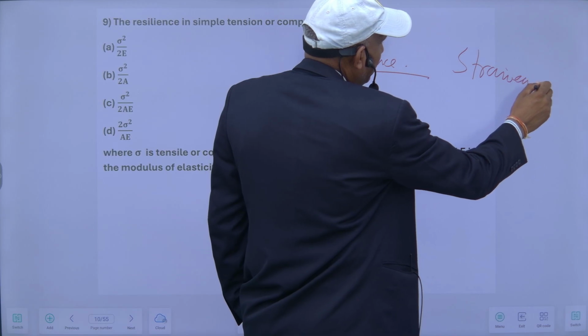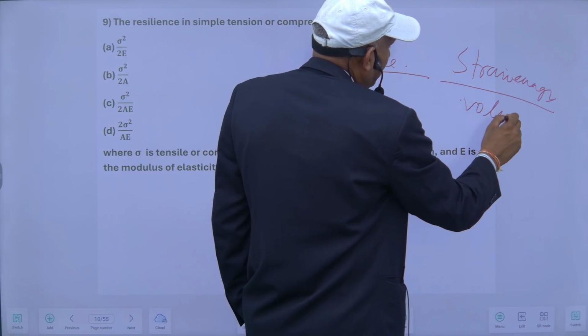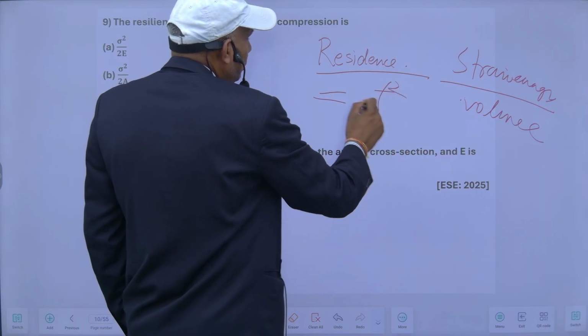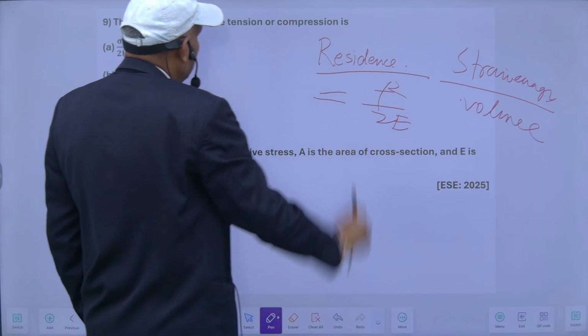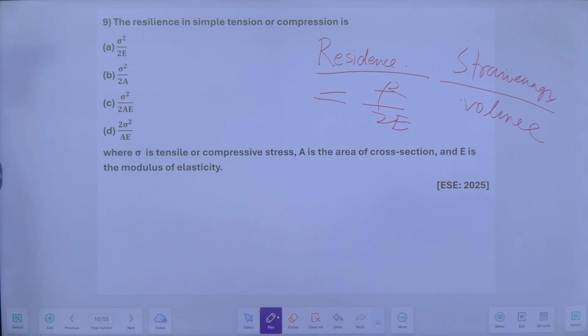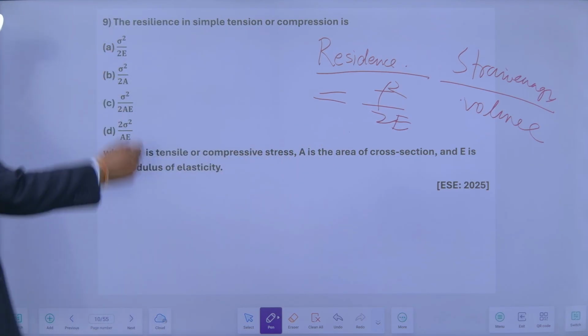That we know strain energy per unit volume is sigma square upon 2E in case of axial tensile or compressive loading, where the stress is sigma. So this is the correct answer.